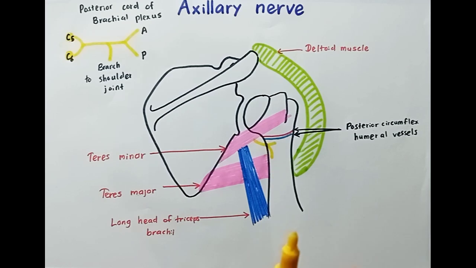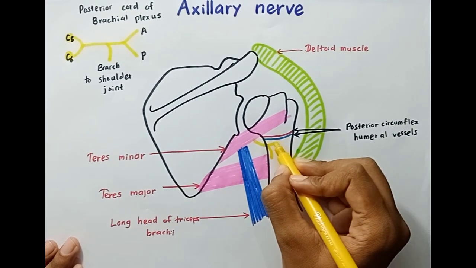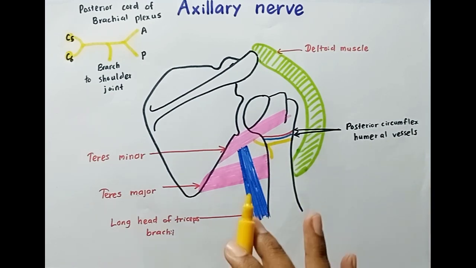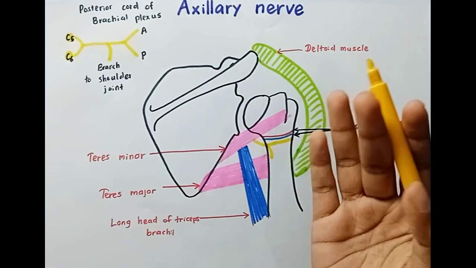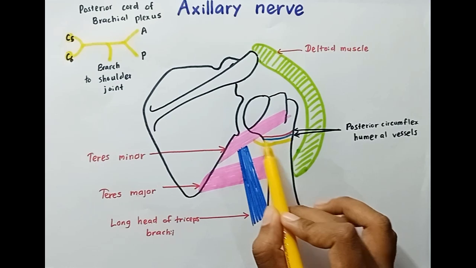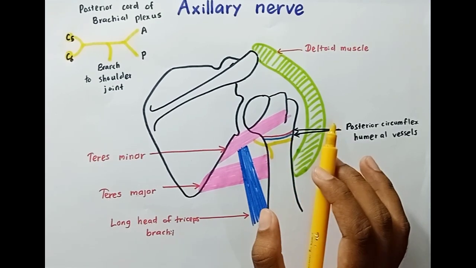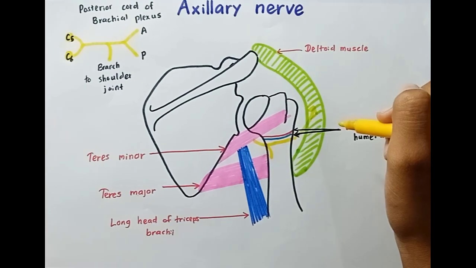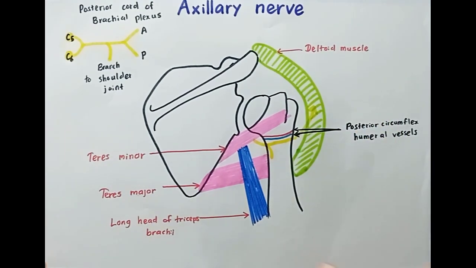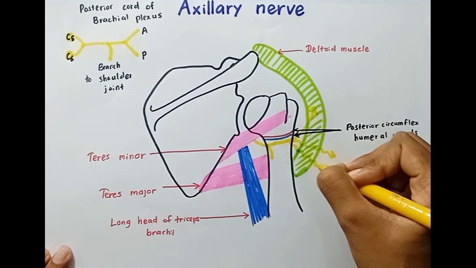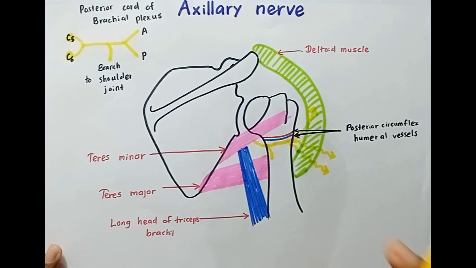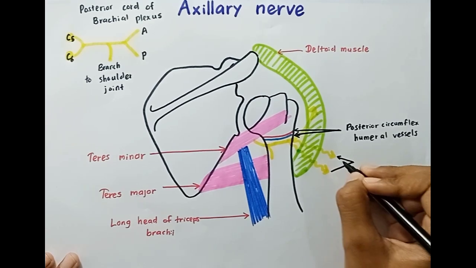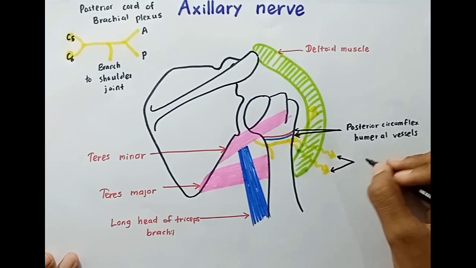The anterior branch continues horizontally with the posterior circumflex humeral vessels around the posterior, that means backside, of the surgical neck of humerus, and it supplies the deltoid muscle and also gives some cutaneous branches which pierce the muscle and supply the overlying skin. Here we can see the perforating cutaneous branches.